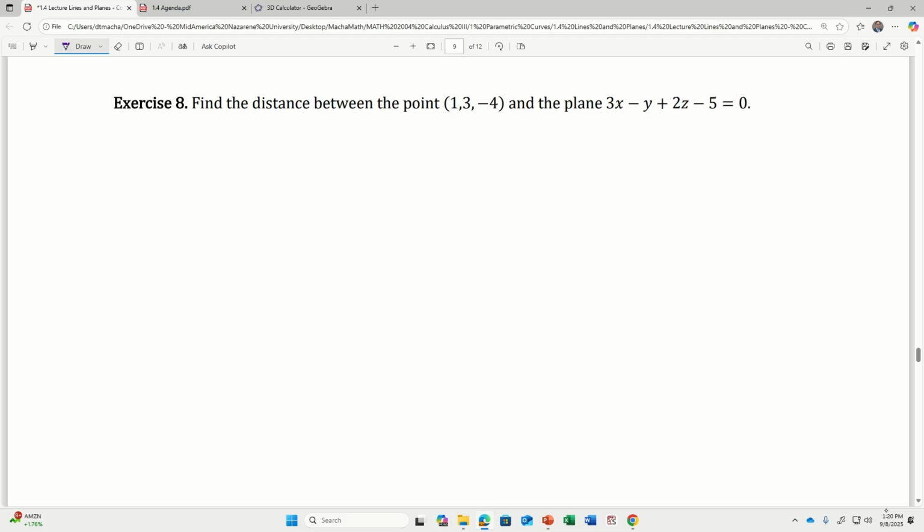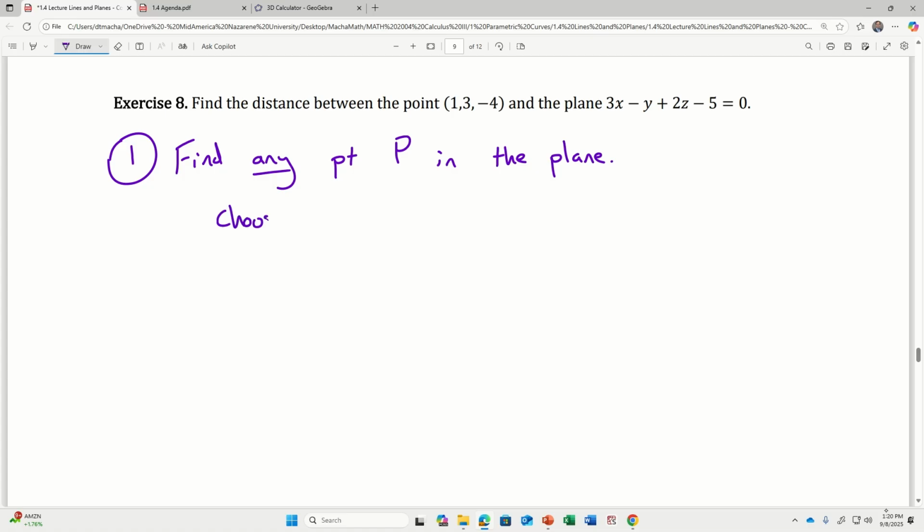Number one, we need to find any point in the plane. So that means I get to choose what I want for x and y. And I'm trying to do this as easy as possible. I'm not trying to make it harder on myself.